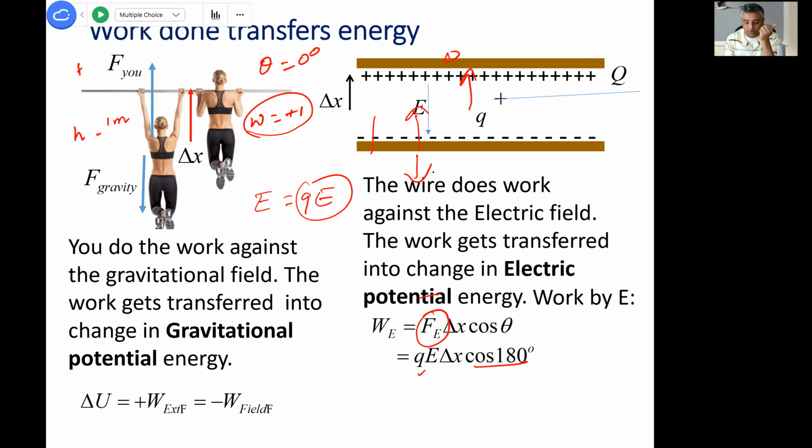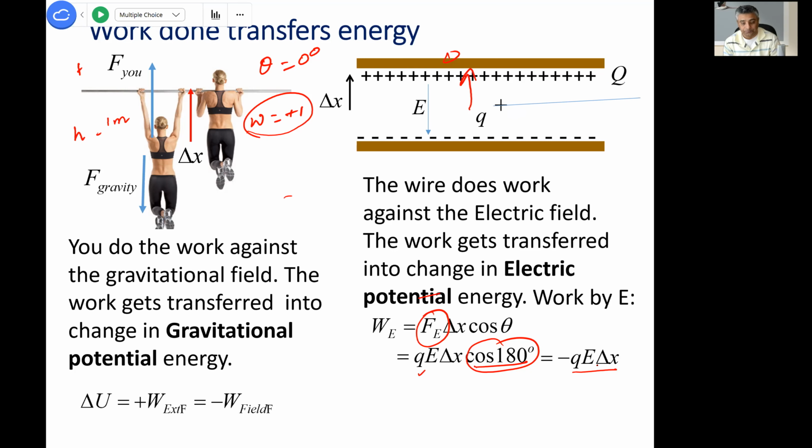We are not using the sign of the force there, we are just drawing the arrow. That's what we are using for the sign of the force. So keep that in mind. Then this is negative because cosine 180 is negative.